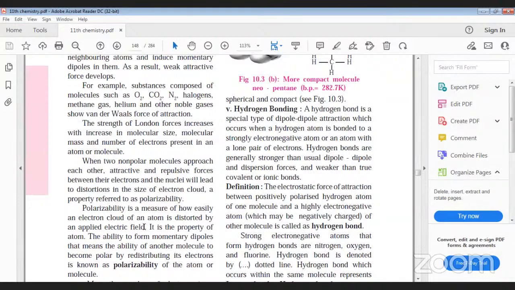Polarizability is a measure of how easily the electron cloud of an atom is distorted by an applied electric field.